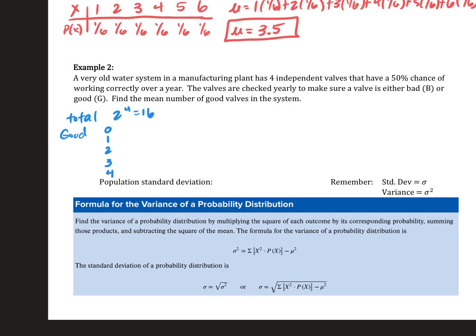This is a combination. So you'll use your calculator to find 4C0, 4C1, etc. So go ahead, use your calculator and find that for each 0 through 4 values.